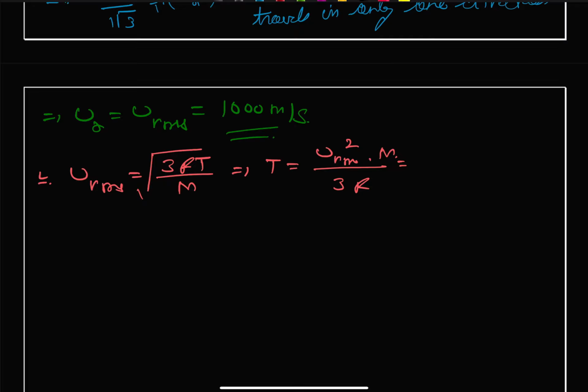VRMS is our 1000, so this comes as 1000 square, multiplied by mass which is 0.004, divided by 3, and R is given to us as 25 upon 3. So here 3 and 3 cancels out, so we get this temperature will be equal to 160 Kelvin.